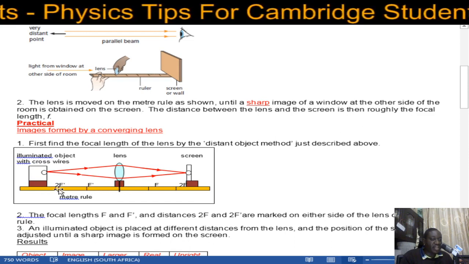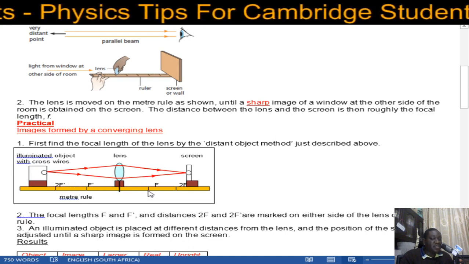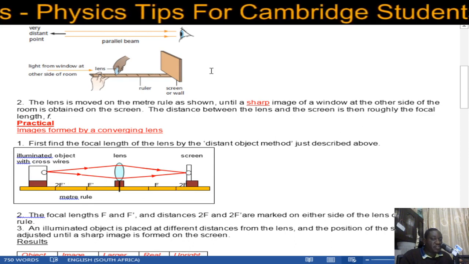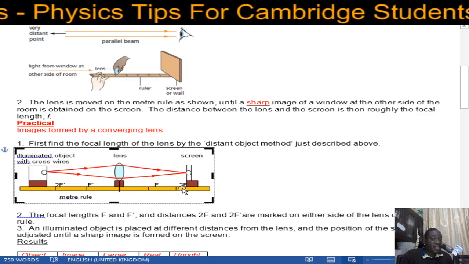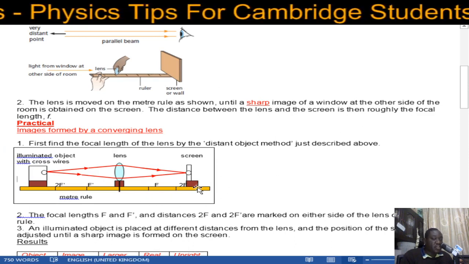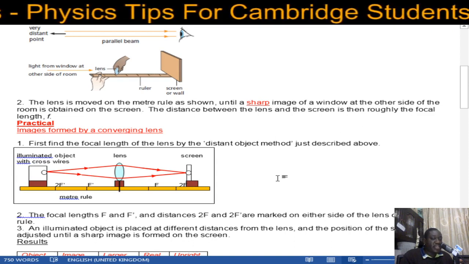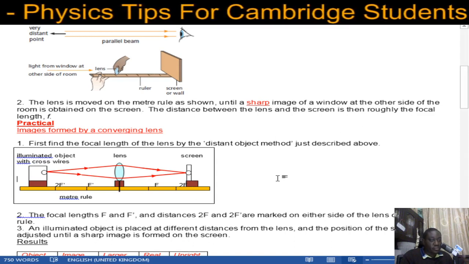So twice the focal length will be 2f. Then f from the center of the lens, then twice there will be 2f. So if you first of all perform this experiment to find the focal length, and then you measure the focal lengths on there, you then place your object according to where you want to find the position of the image.